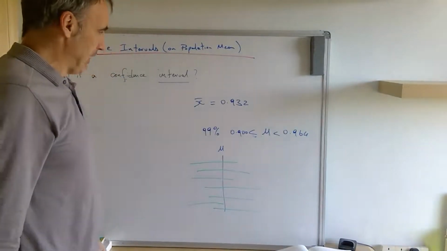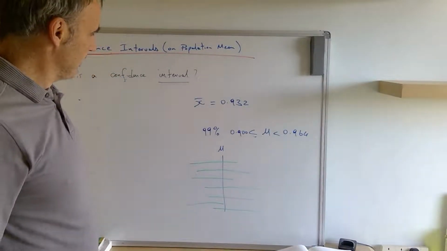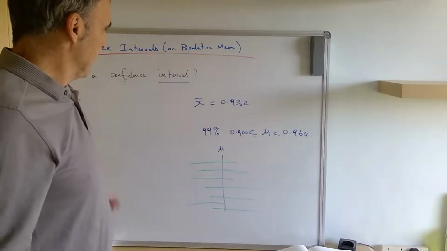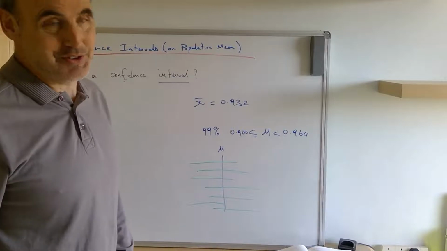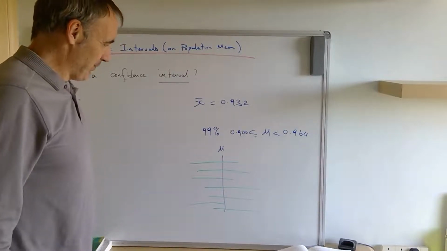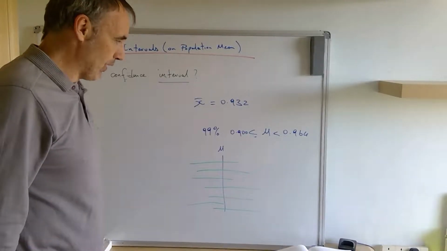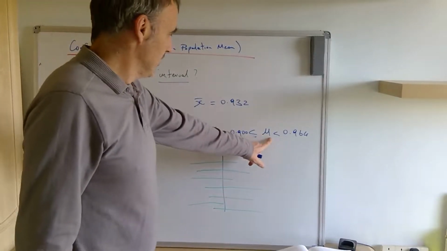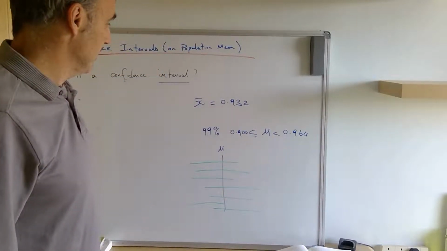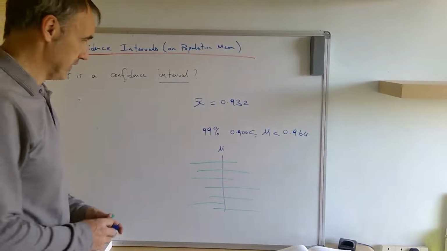But it all depends on how confident we want to be. If we talk about a 99% confidence interval, that will happen only 1 in 100 samples of size 64 that we work out. So we've only got a 1 in 100 chance that our mean doesn't lie within those two values.